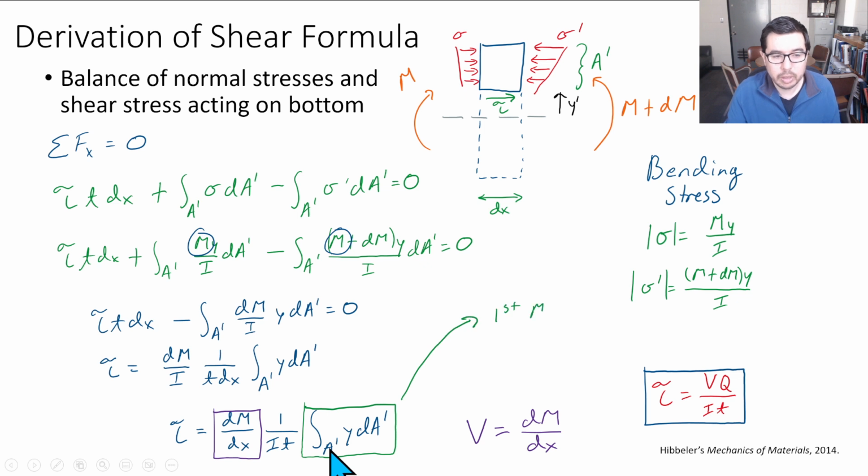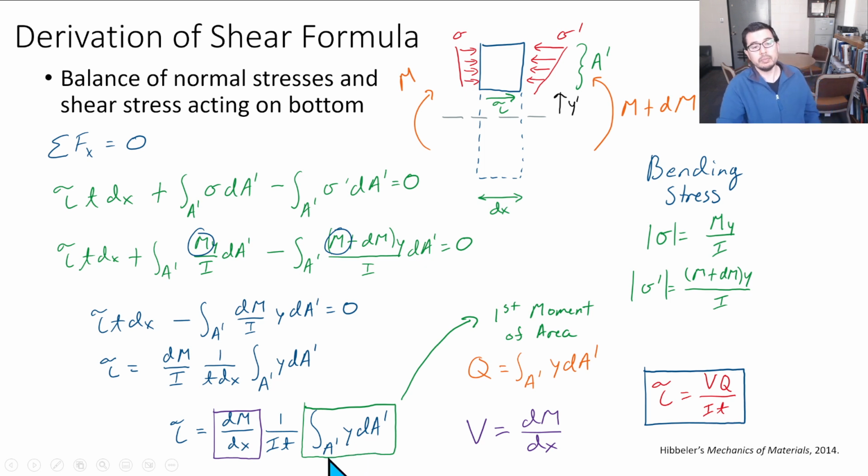This quantity over here is something we call the first moment of area, and it's given by a big Q equal to the integral of y dA prime over A prime.